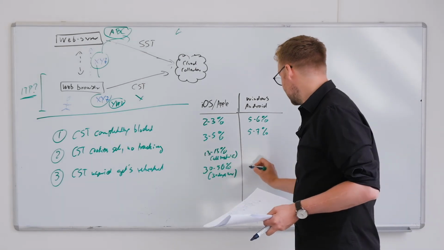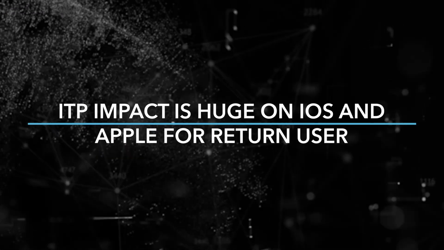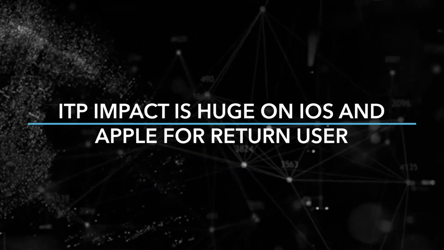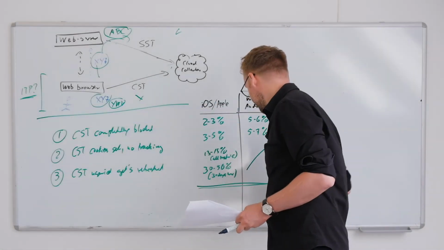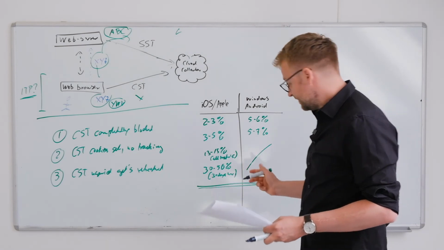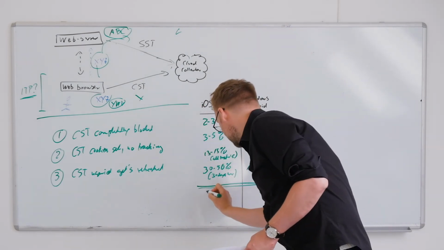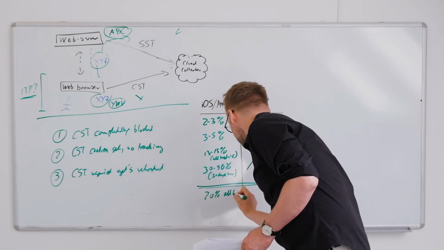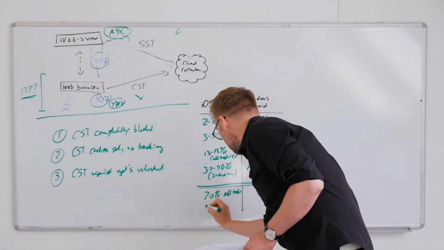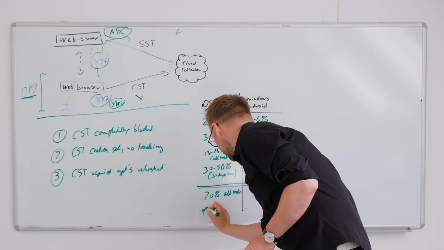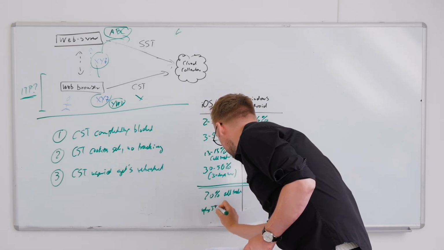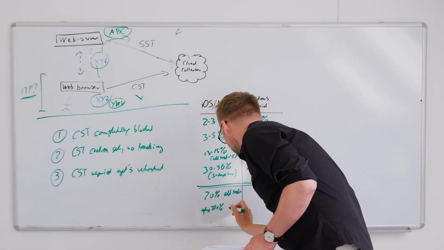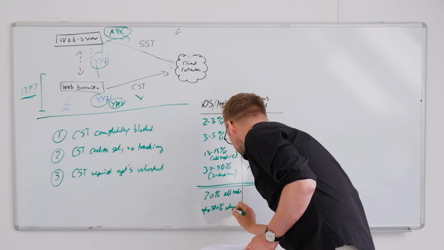Interestingly, this is not an issue in the Windows and Android world at the moment. So if we draw the bottom line, the effectiveness of ITP is 20% for all traffic, but up to 50+% for returning users.